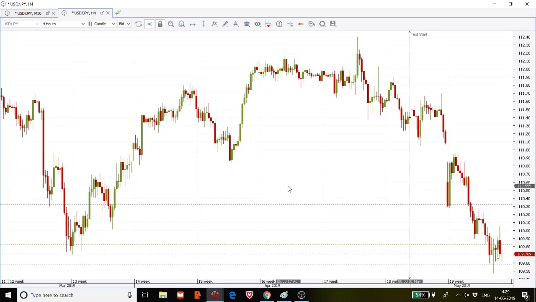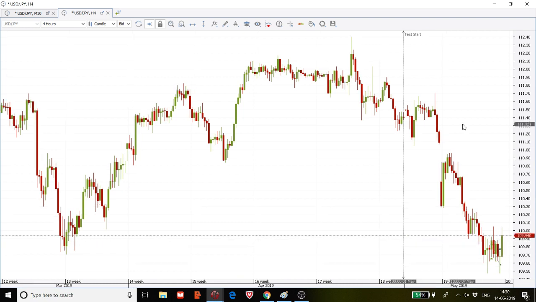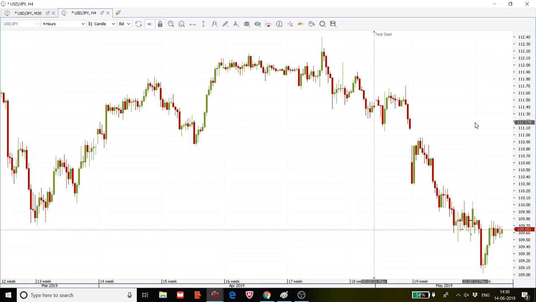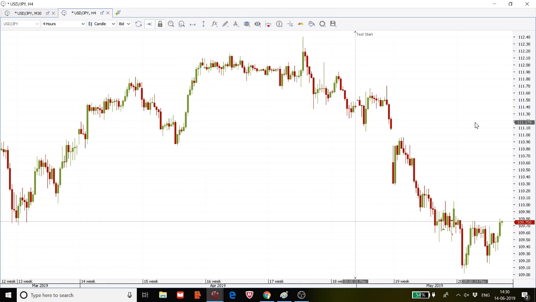Yes, the strategy has opened a trade, and let me check, it is a buy, and the stop loss got hit. So if it does not work properly, we will need to add some more things. We will need to change the logic.